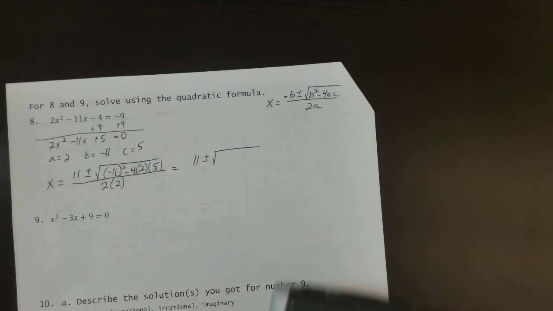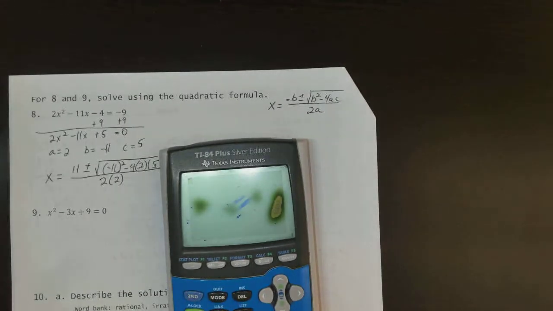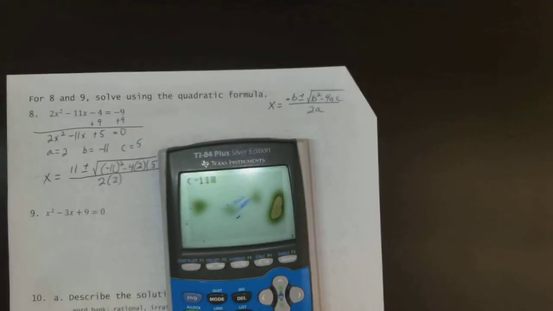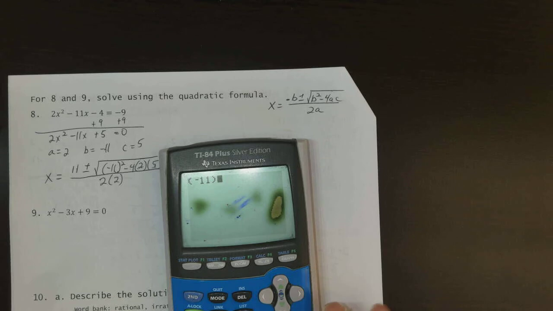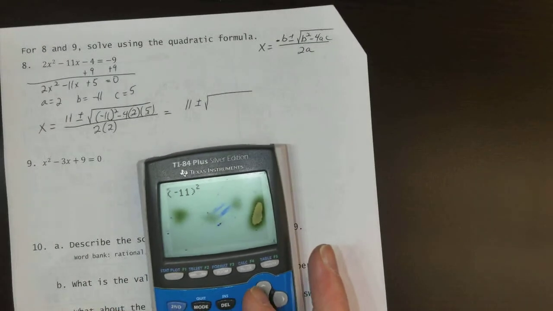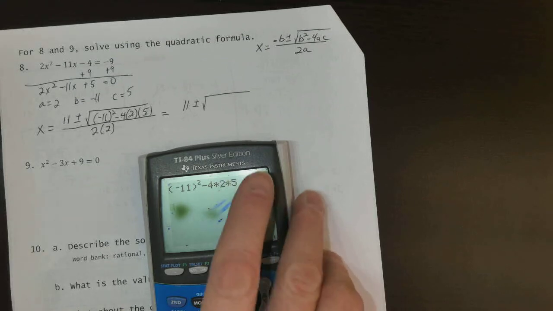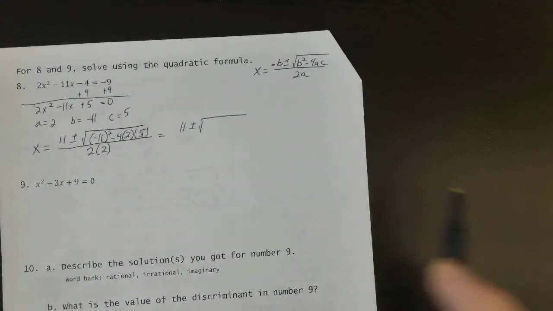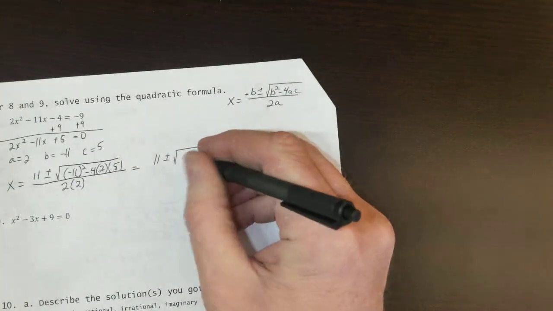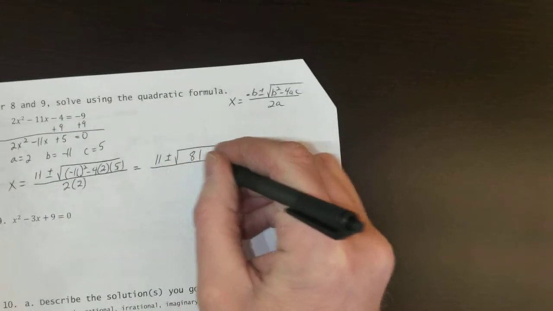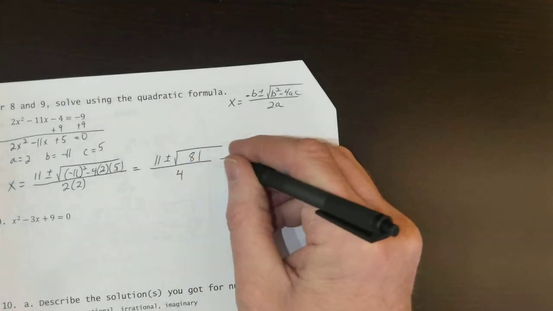All right, so what do we got? We got negative 11 squared minus 4 times 2 times 5. That's 81. Okay. That's a nice number. Over 4.